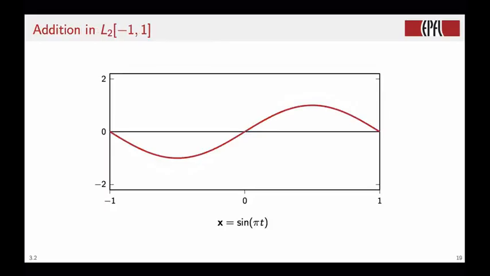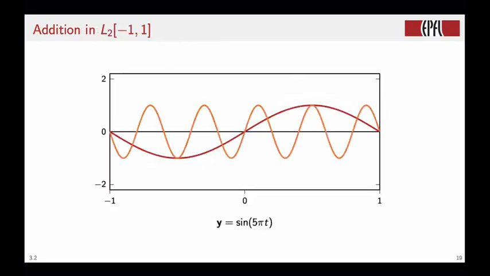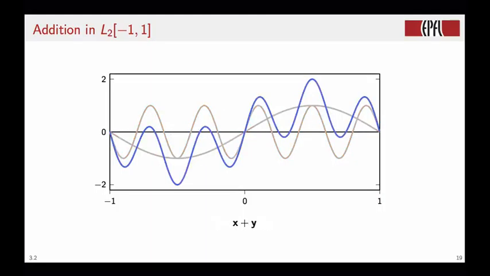If we add two vectors, let's start with x, which is our sine pi t. Let's look at y, which is sine 5 pi t. Okay, it's the orange thing here. We add the two together. It is a blue function. Okay, it's a new vector, which is simply the addition of the two vectors. And it's easily verified visually, actually, that this is the sum of the two previous vectors.